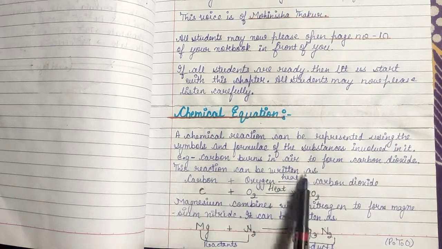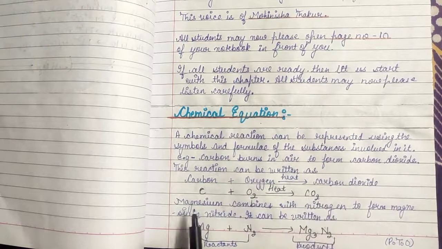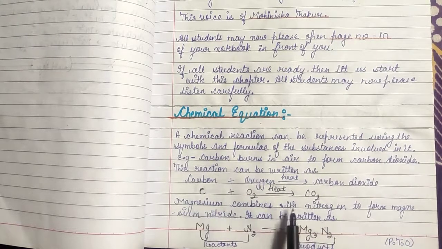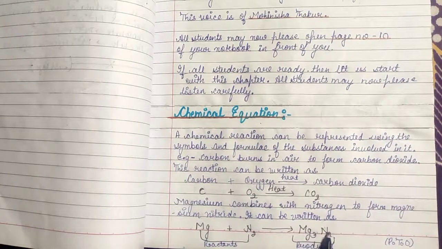The reaction can be written as C plus O2 gives CO2. Similarly, when magnesium combines with nitrogen to form magnesium nitride, it can be written as Mg plus N2 gives Mg3N2. In this, Mg and N2 are reactants, whereas Mg3N2 or CO2 are the products.